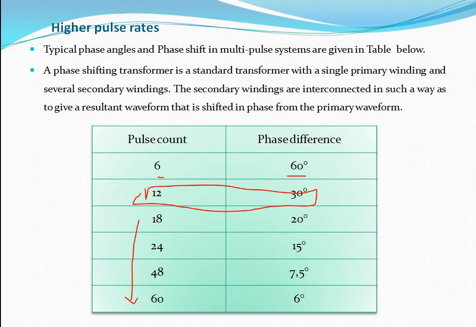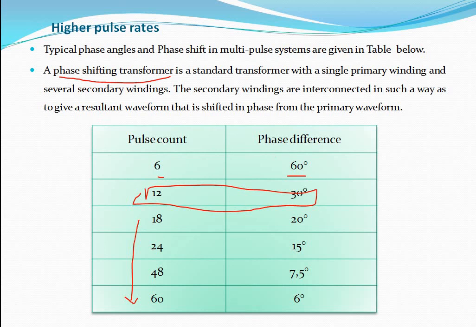For this, you can use a phase shifting transformer in order to make the phase difference, with a single primary winding and several secondary windings. The secondary windings are interconnected in such a way as to give a resultant waveform that is shifted in phase from the primary waveform.